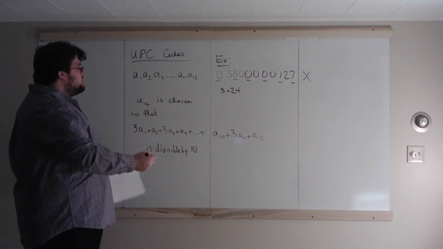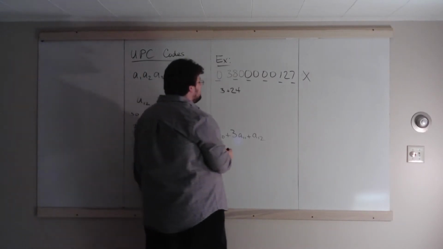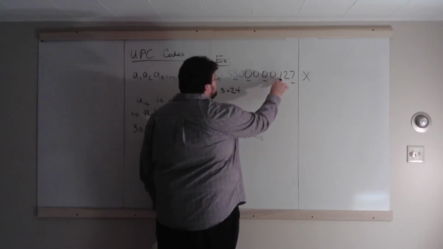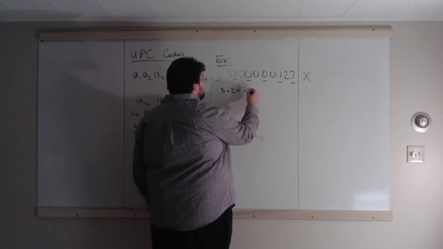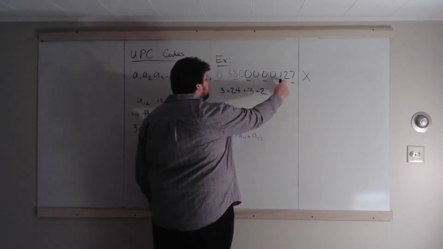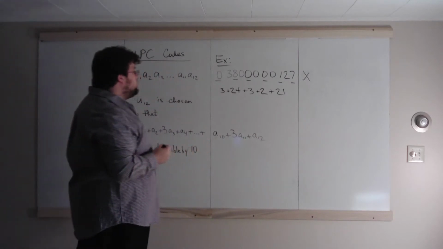So with that underlining, those all have coefficients of 3, and the rest have coefficients of 1. So we have 3 plus 24, 0, 0, 0, 0, 0, plus 3, plus 2, because we need only one of those 2's, plus 21, because we need 3 of those 7's.